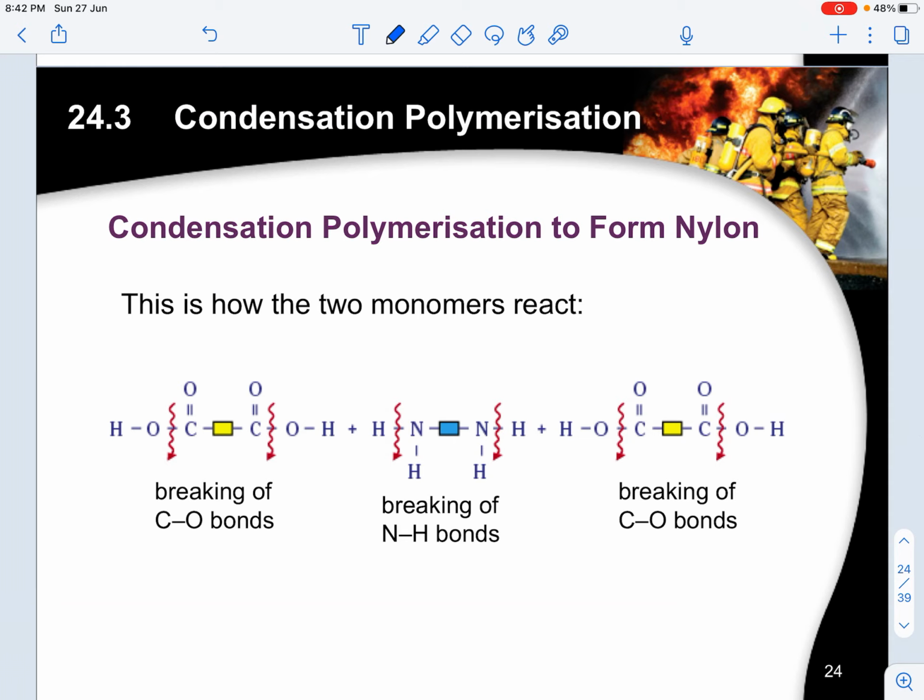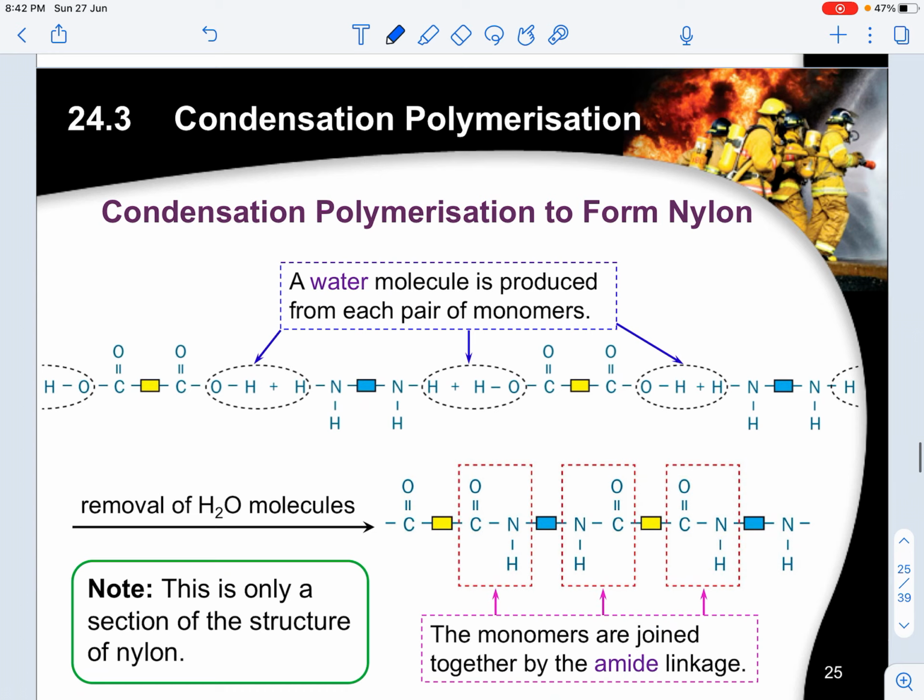So this is how the two monomers react, where you remove the H from the NH, and the OH. This will form water, and you will see a lot of these amide linkages.